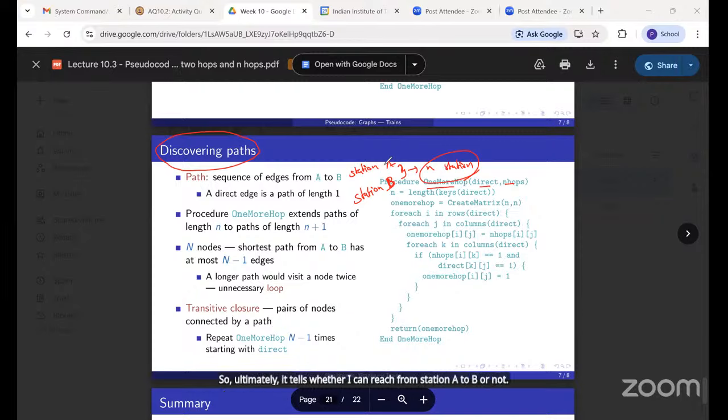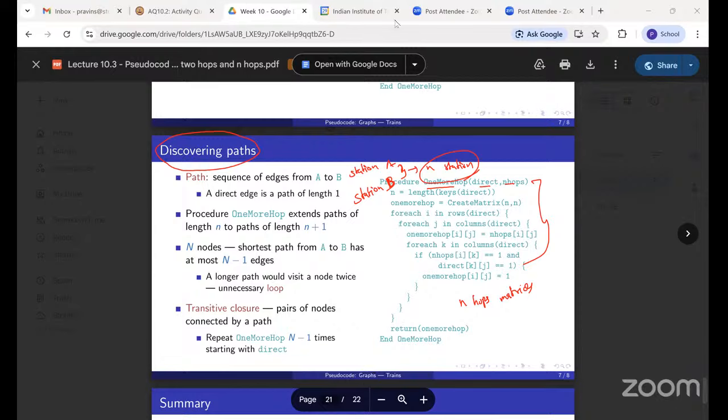I don't mind how many intermediate stations there are. If I start at station A, can I reach station B or not through the intermediate stations. So that is what your n-hop matrices is, right? Is it clear? Basically, it's the same code. It's nothing new.